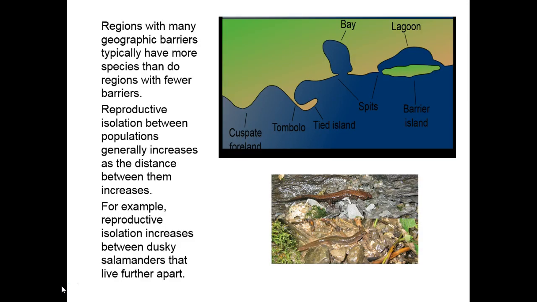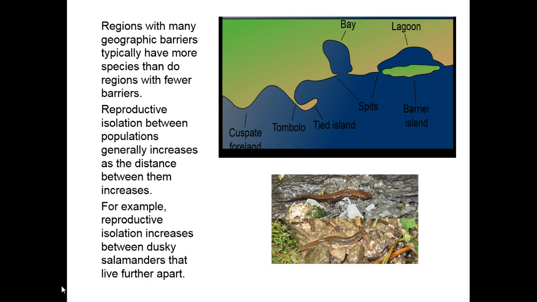Just an FYI, it is in your book and it's kind of interesting: regions with a lot of geographic barriers typically have more species than regions without all of these barriers. And the image at the top is fictitious. There really isn't any portion of a coast that has all of this, but what you have are these various things sticking out.